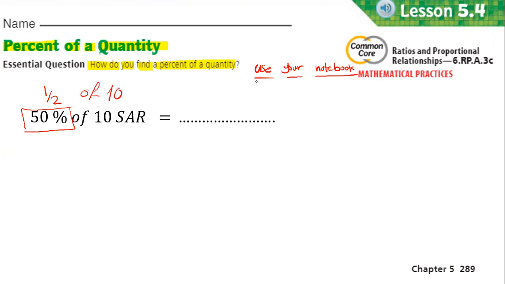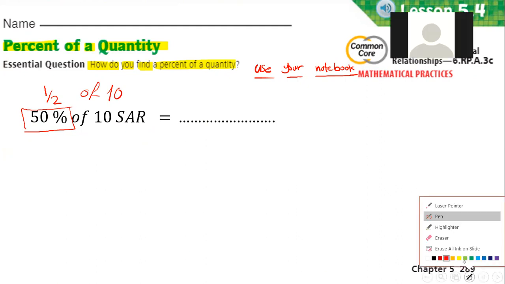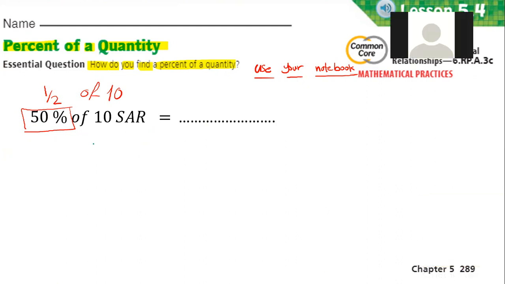So I'm going to choose one of you to answer this. Muhammad, what is the half of 10? What is the 50% of 10 riyals? Cut 10 into two equal parts, two equal 5s.